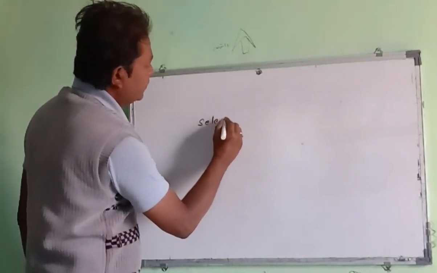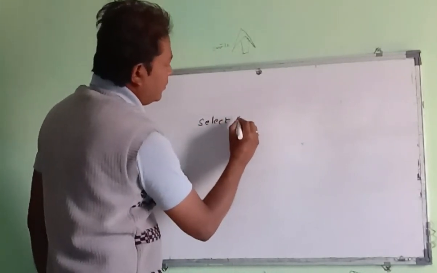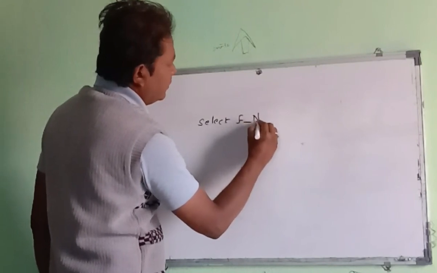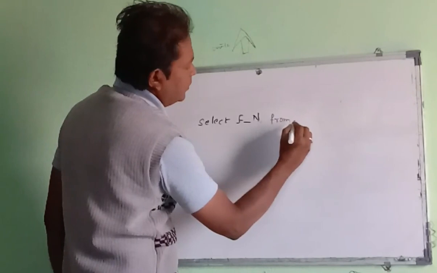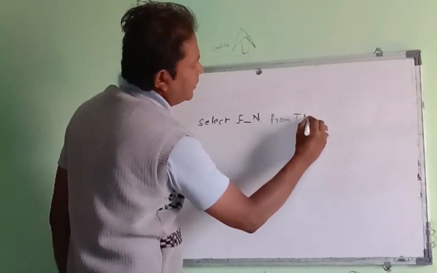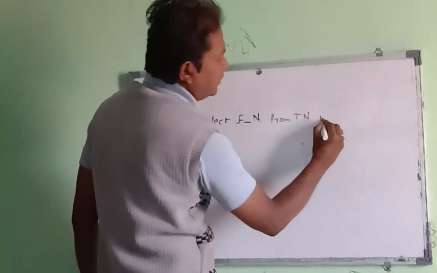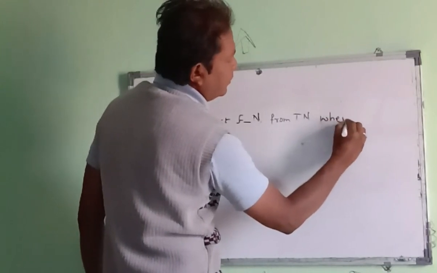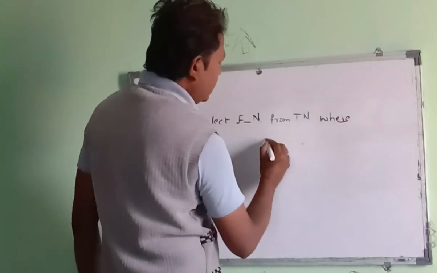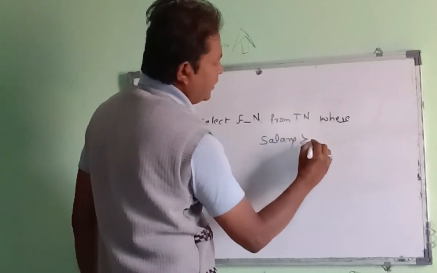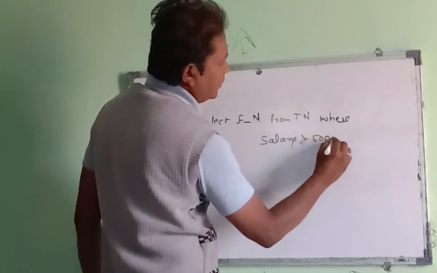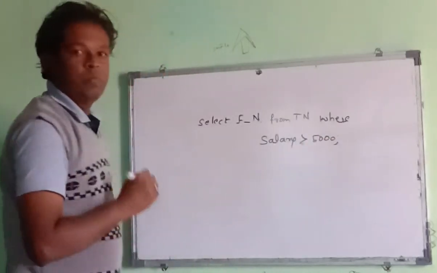Select first name from table name where salary is greater than 5,000. So this is one simple query.